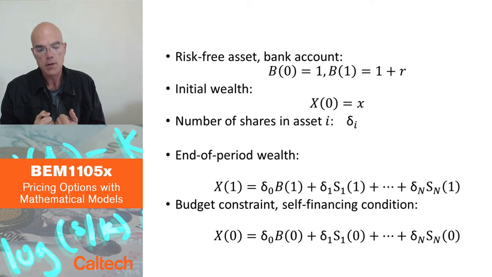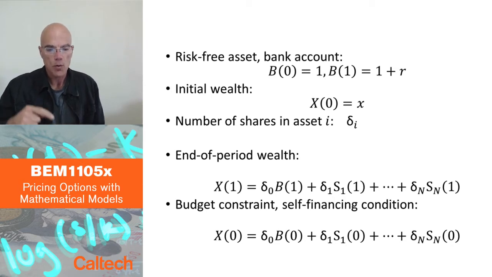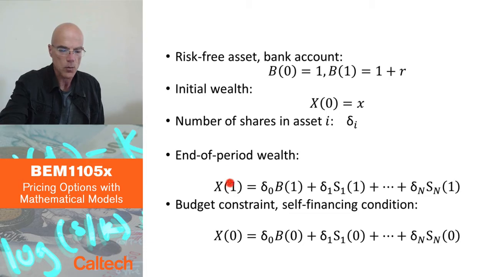And then the portfolio strategy consists in choosing how many shares of each asset to invest in, and that's denoted by delta i. Delta is the usual notation for the number of shares used in option theory. So at the end of the period, the wealth is going to be X of 1. Delta 0 just denotes how much money you put in the bank.